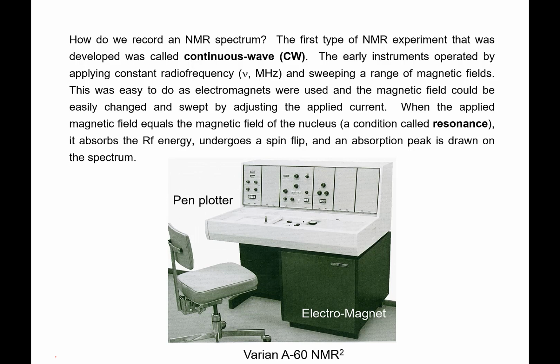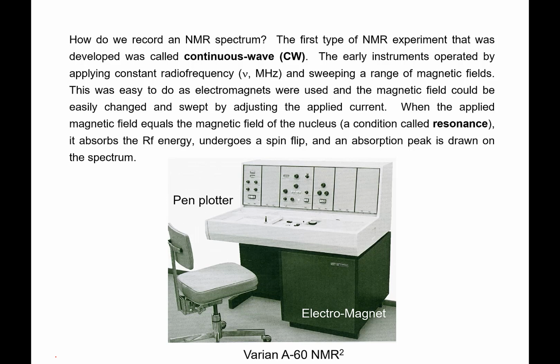So this is 60 megahertz. The key thing about this, and this is the way we're going to talk about the phenomenon next week, is that you apply a fixed radio frequency, and then with the electromagnet, if you change the current, you can change the frequency of the nucleus. If you apply more current, it spins faster.